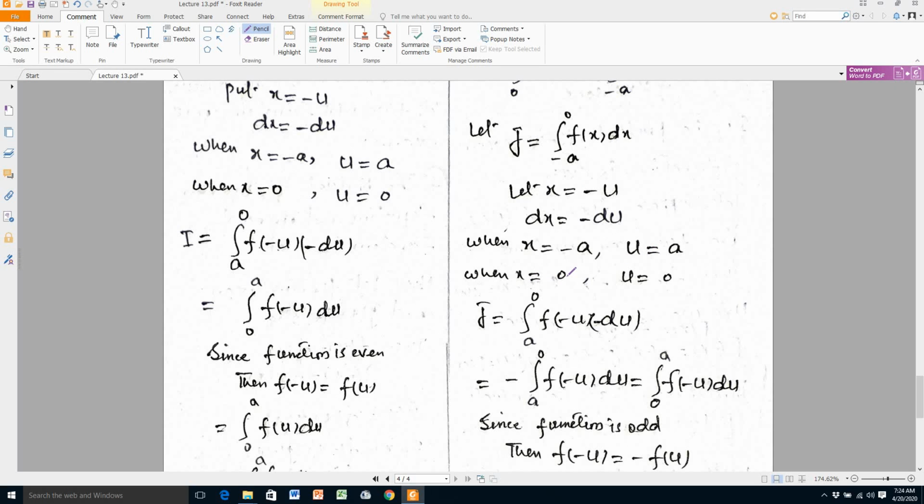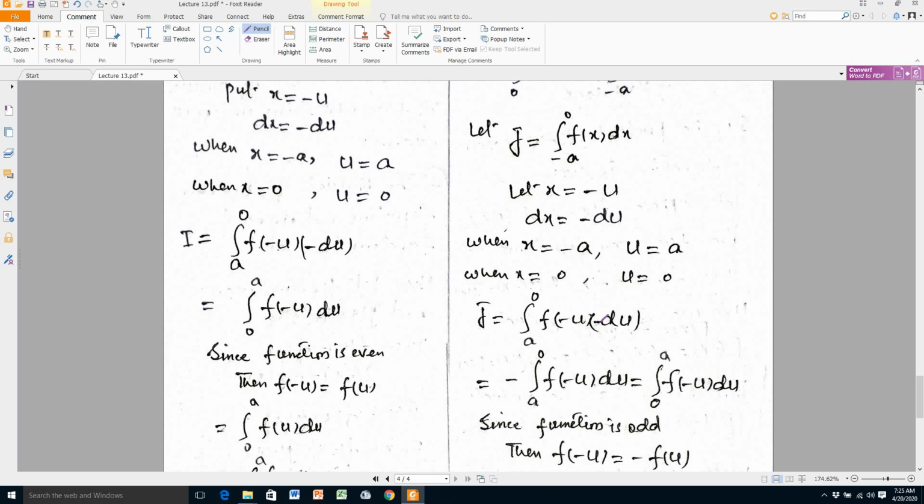When x is equal to 0, then u is equal to 0. So j is equal to, as you see here, minus a becomes a and 0 is equal to 0, and f of minus u, and then dx is equal to minus du, as you see here.